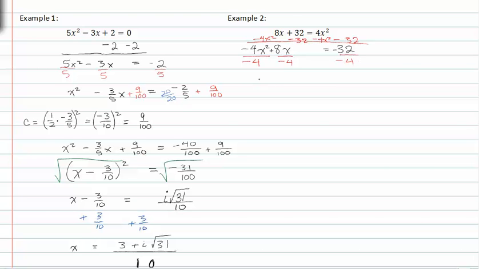And now we have x squared minus 2x is equal to 8. Now completing the square, we get c is equal to negative 1 squared, which is just 1.